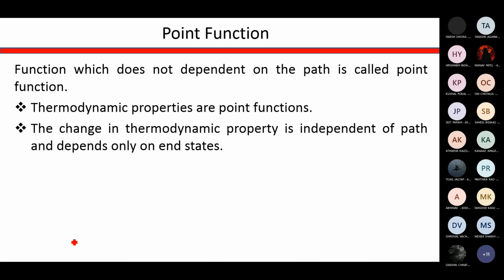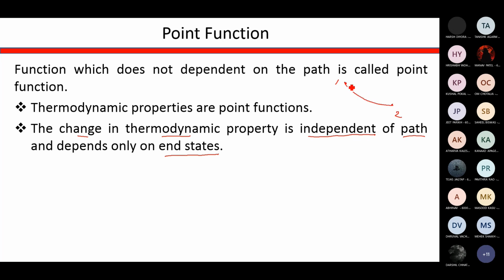Now, the change in a thermodynamic property is independent of path and depends only on the end states. This is an important statement. The change in a thermodynamic property is independent of the path followed by your system, and it only depends on the end states. So I have the initial state 1 and final state 2.